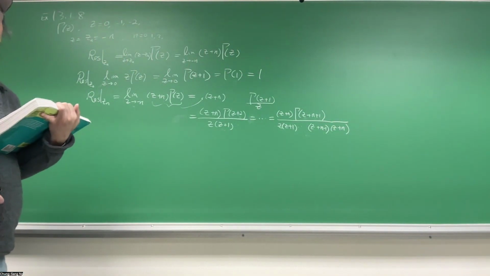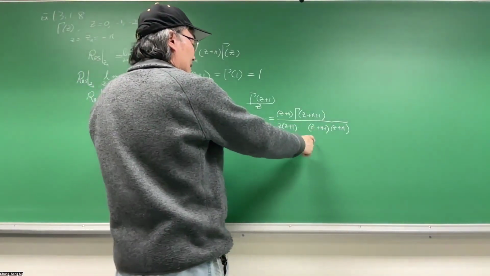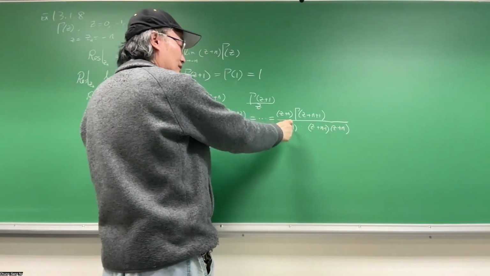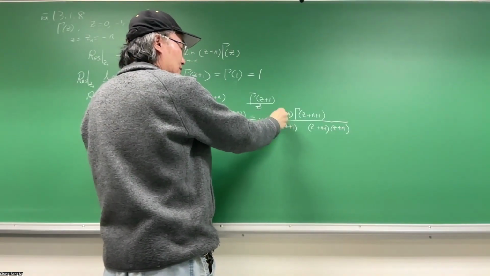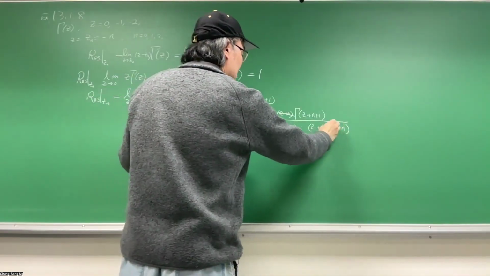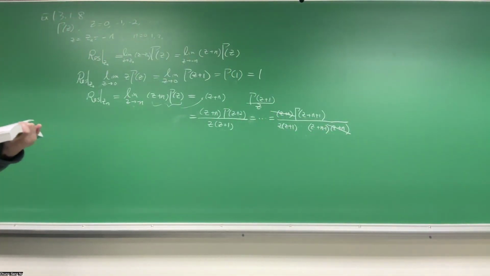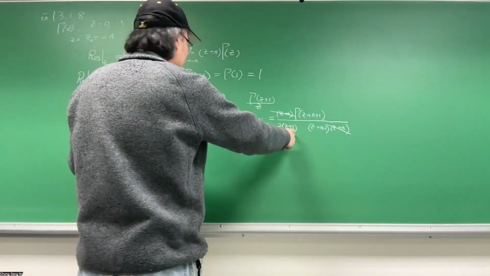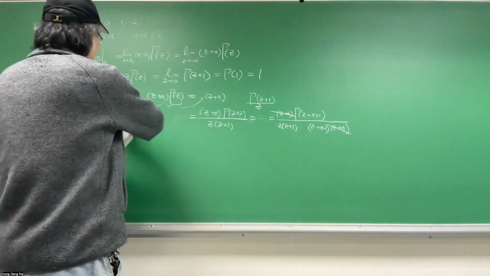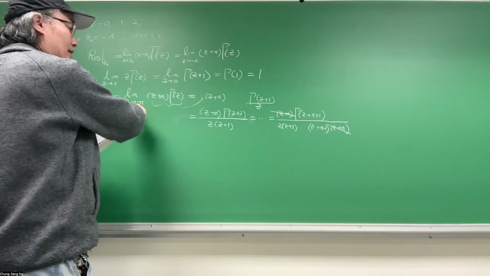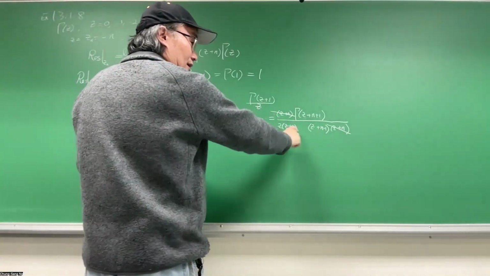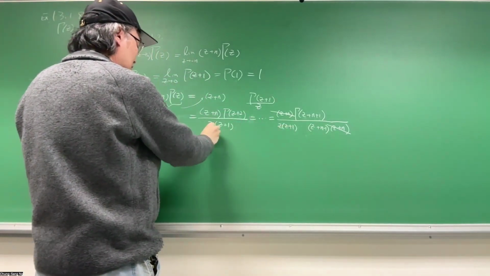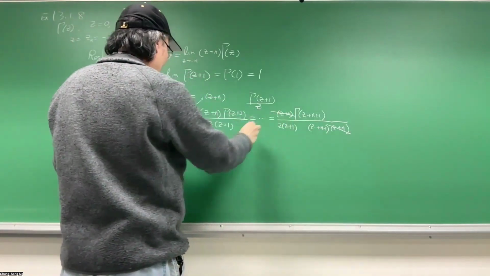The reason this is a trick is that we already have a z plus n here, so it allows us to cancel it. After you cancel that, you can take the limit safely, because z goes to minus n and none of these are singular. You just substitute.